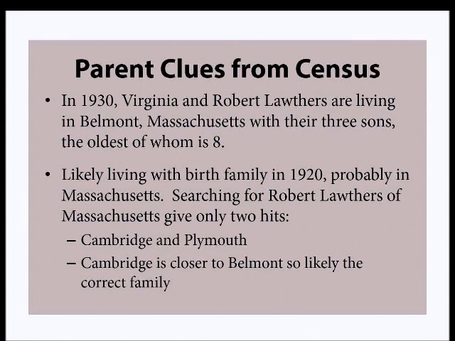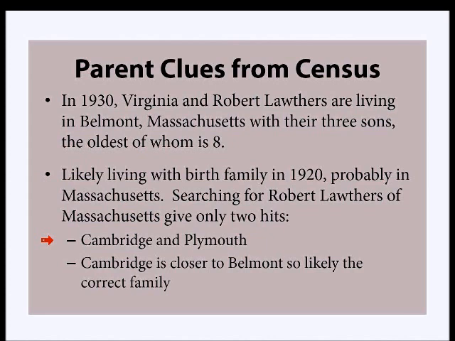Likely, Robert was living with his birth family in 1920, probably in Massachusetts. I did a search for Robert Lawthers of Massachusetts, and lo and behold, there were only 2 hits, one for Cambridge and one for Plymouth.